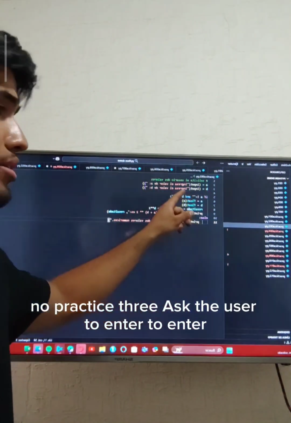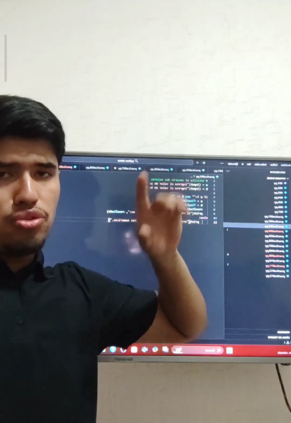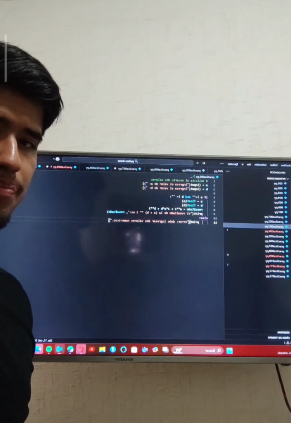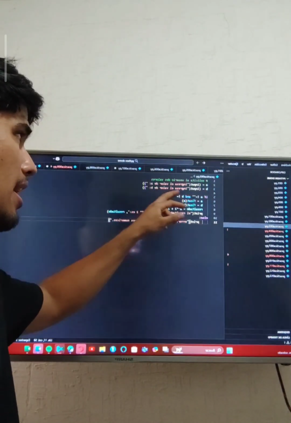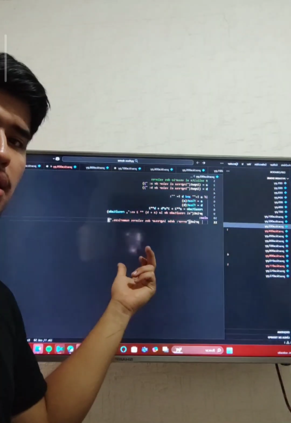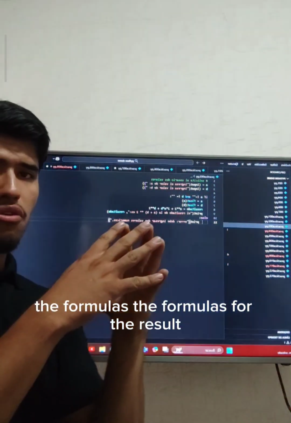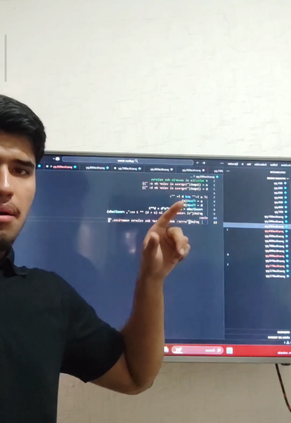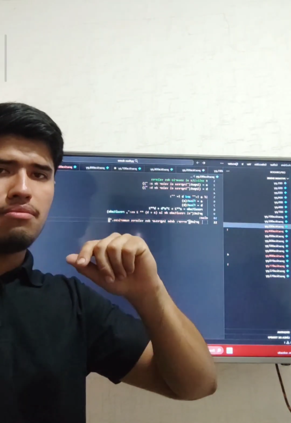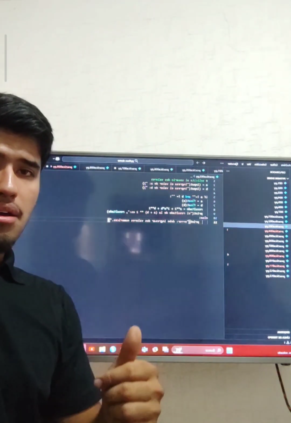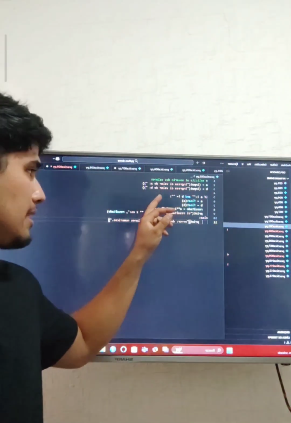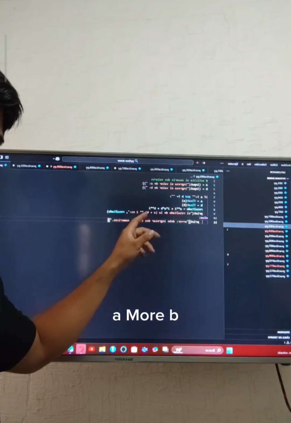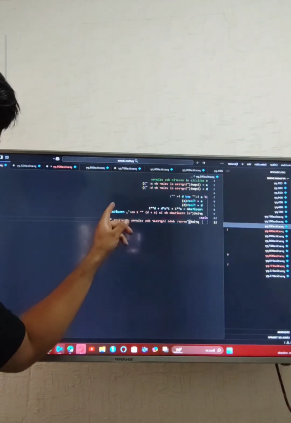Now practice 3 asks the user to enter two values, A and B. We start with enter the value of A, enter the value of B. The formula for the result is A squared plus 2 times A times B plus B squared, which is the result of (A plus B) squared.